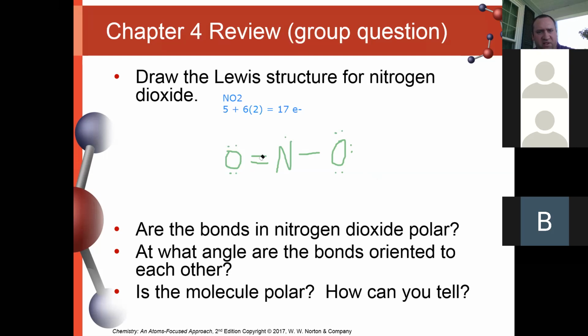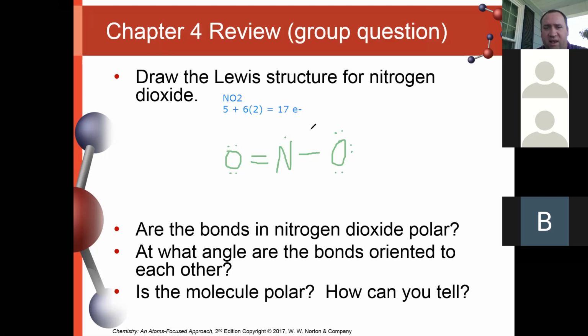So 2, 4, 6, 8, 10, 12, 14, 16, and just that one single dot for 17 there. This is a rare case where not every atom fills its octet in the structure. The reason why this one doesn't is, well, it can't. It's got an odd number of electrons, and an odd number of electrons always means that somebody's going to be left deficient.